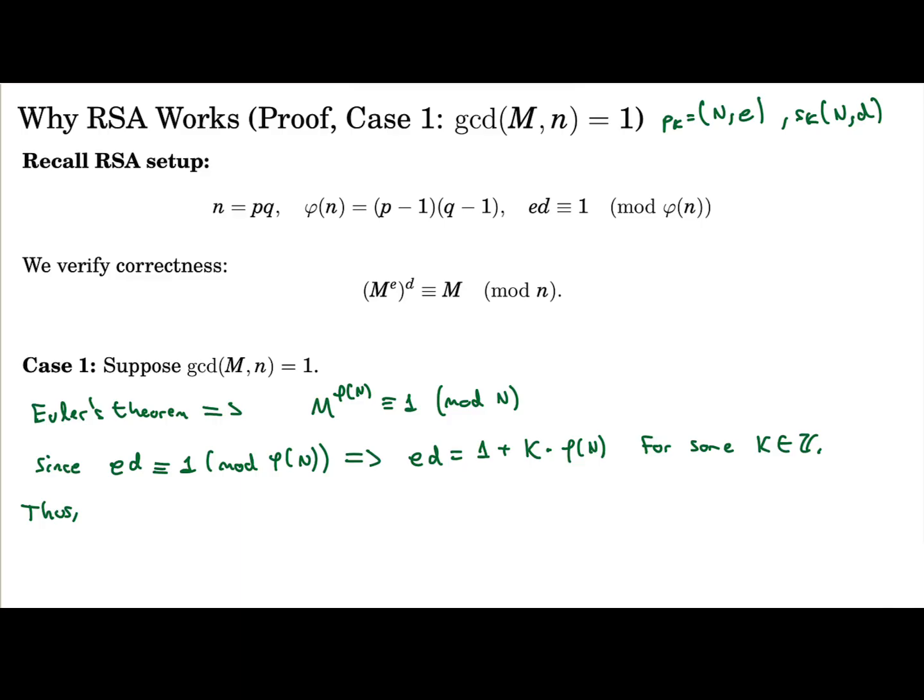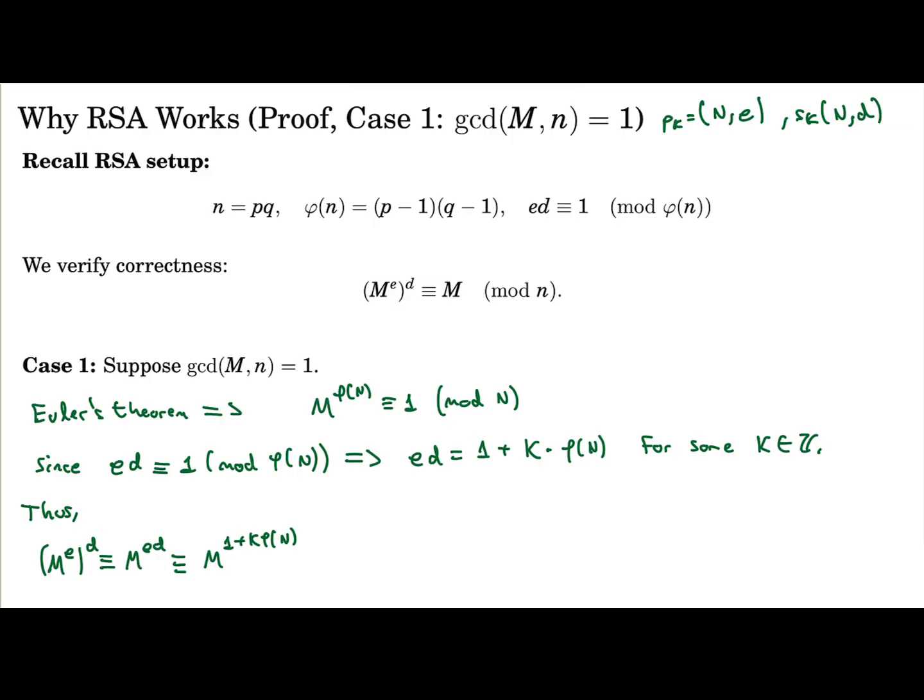Thus, since this is true, now we can compute. If we do m to the e to the d, which is just m to the ed, of course, this is going to be congruent to m to the 1 plus k times phi n.